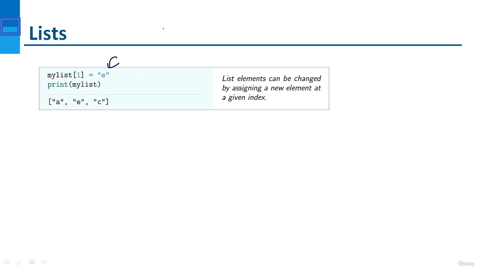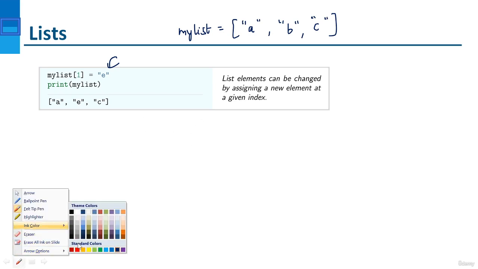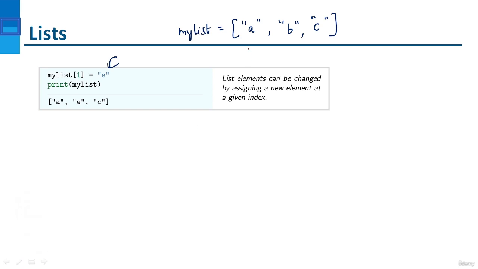For example, here in this example we are considering my list is equal to, initially, A comma B comma C. Now if you look at their corresponding indices, this is index number 0, this is index number 1, and this is index number 2.